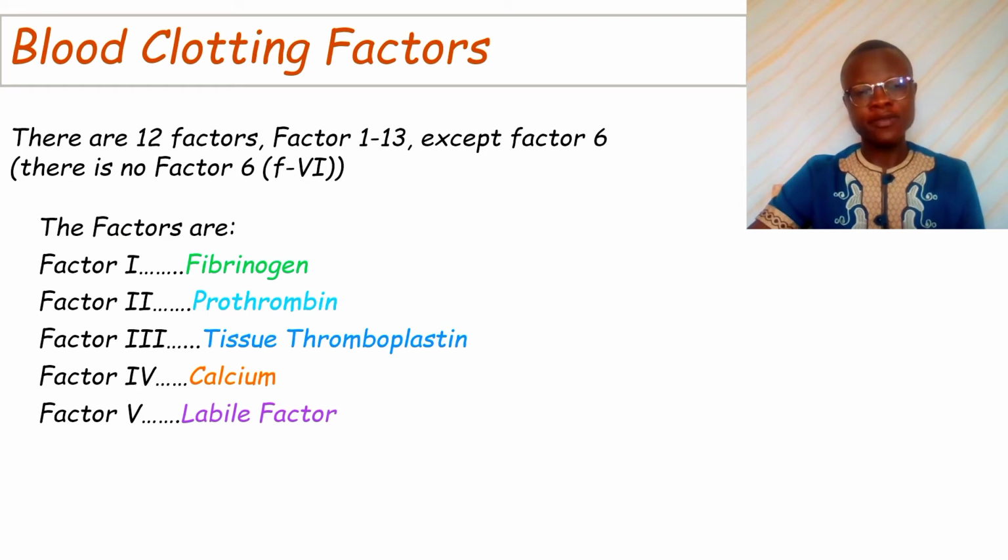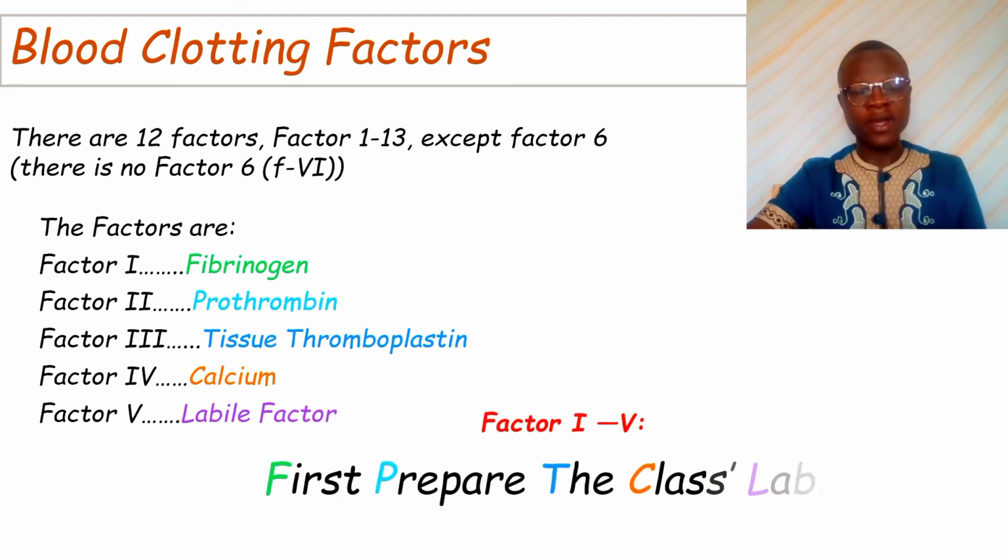So we have factor 1 to 5 and factor 7 to 13. Here's a mnemonic I developed for the first 5 factors. For factors 1 to 5 we have: First, prepare the class lab.